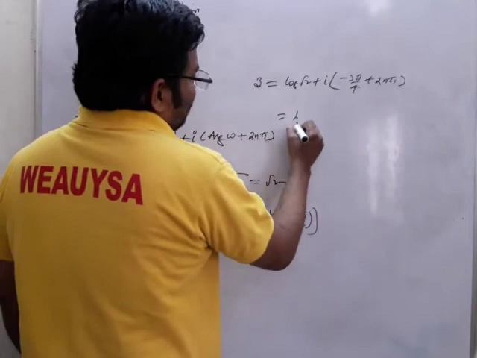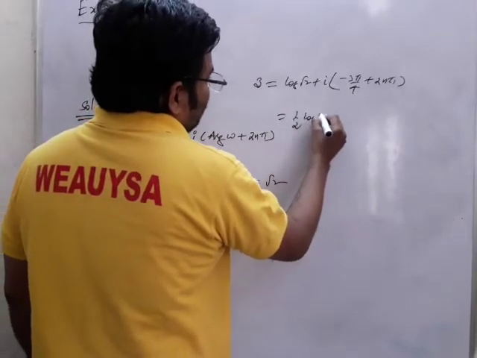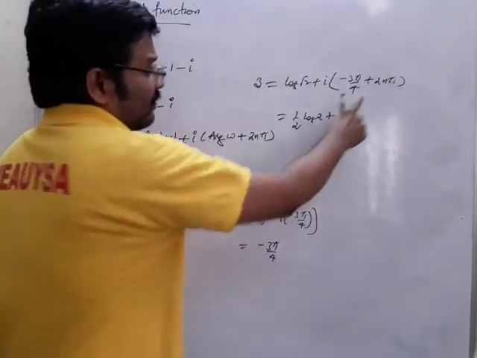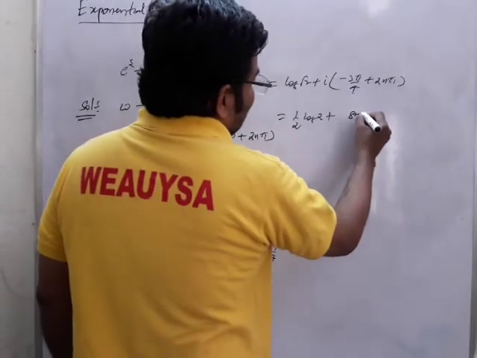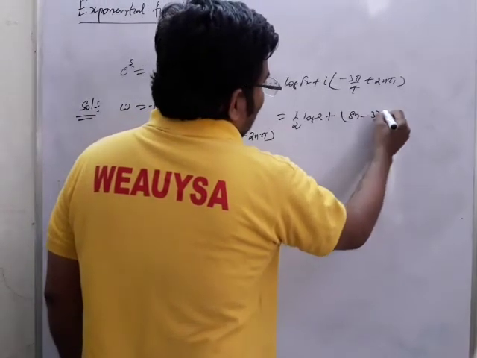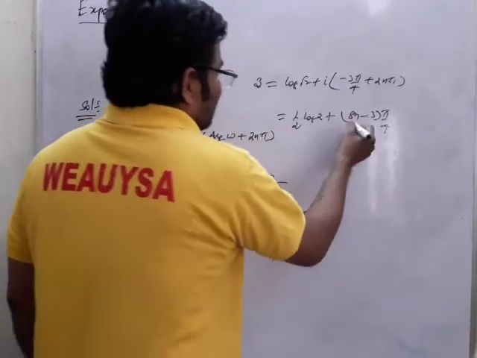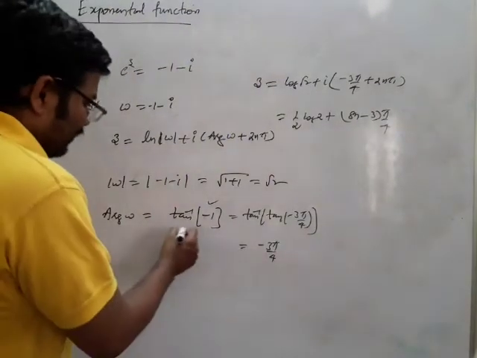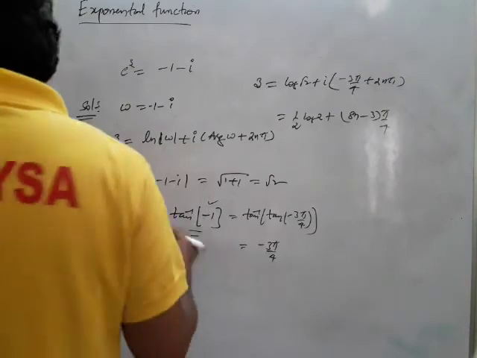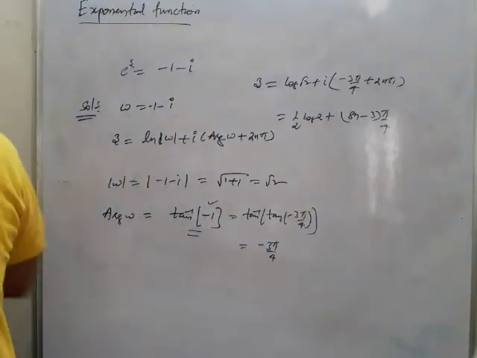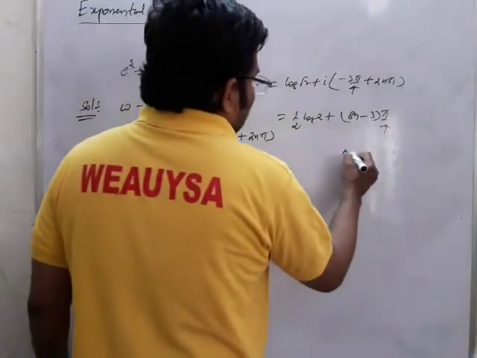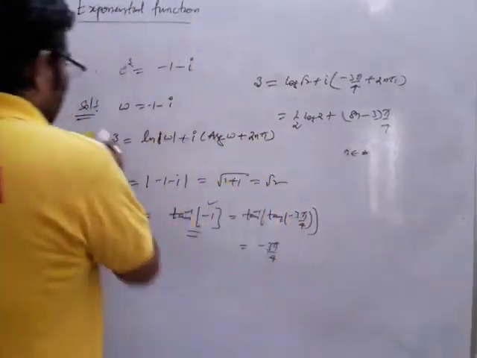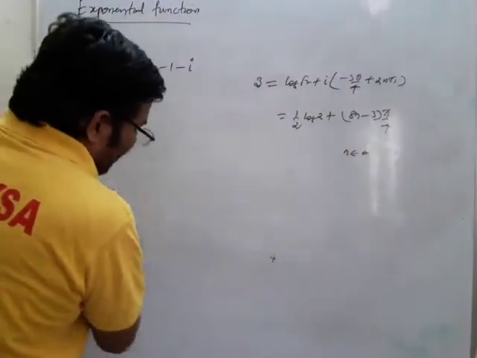Okay, this is 1 by 2 log 2 plus i into (2n pi minus 3 pi by 4). Now these are the solutions for e power z equal to -1 minus i. I will explain this more in later problems, where n belongs to Z. This is how you can do the exponential function in this manner.